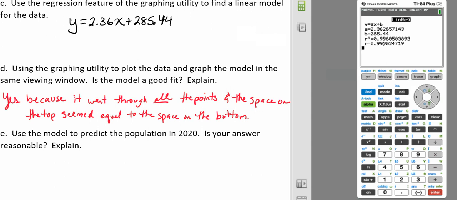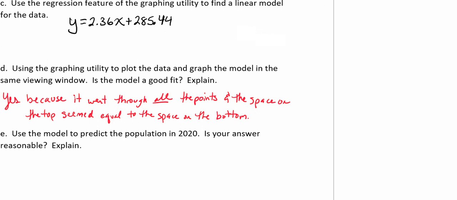So now we're going to use this model to predict the population in 2020. So if we're predicting that, and the 2020 is our time, we're going to go ahead and plug 20 into our equation to get an answer.